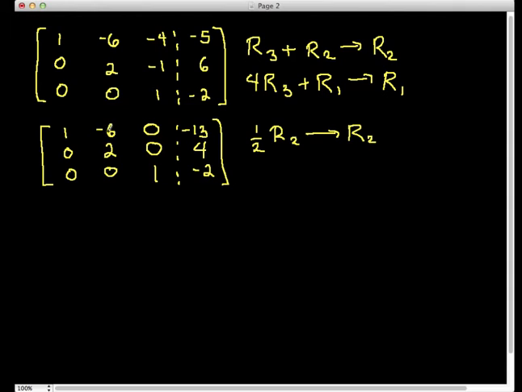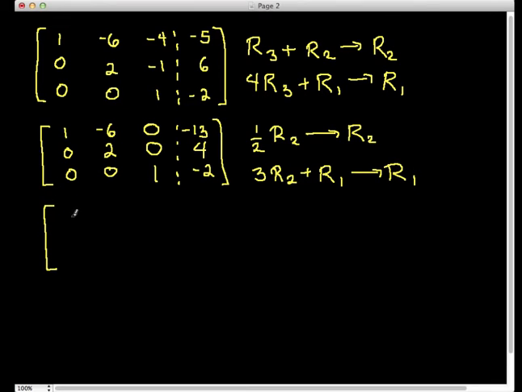Now let's take a look at this other row up here, and what I'd like to do is zero out this position. So if I take my second row as it is, multiply it by 3 and add it to the first row, I see that that will give me a new first row, and it'll have a 0 where this negative 6 is. So that's what I'm going to do in this next stage.